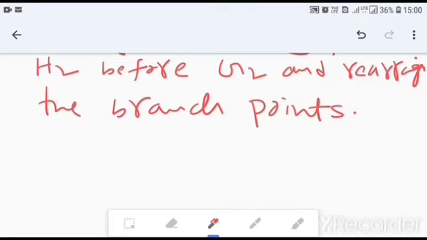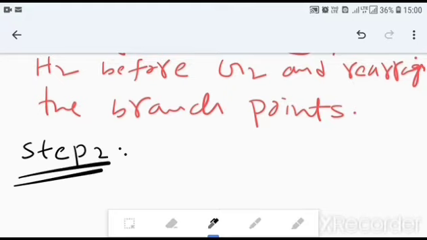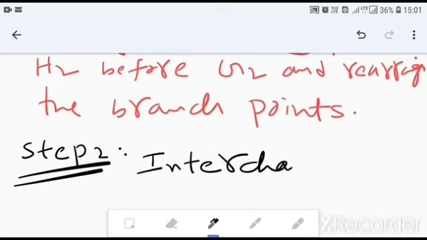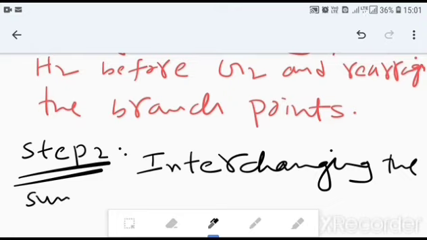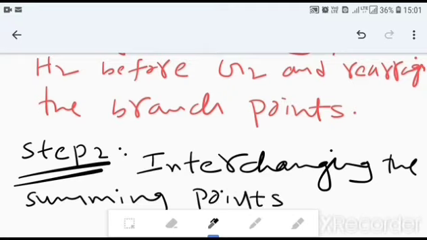Now step 2: interchanging the summing points and combining the blocks in cascade.